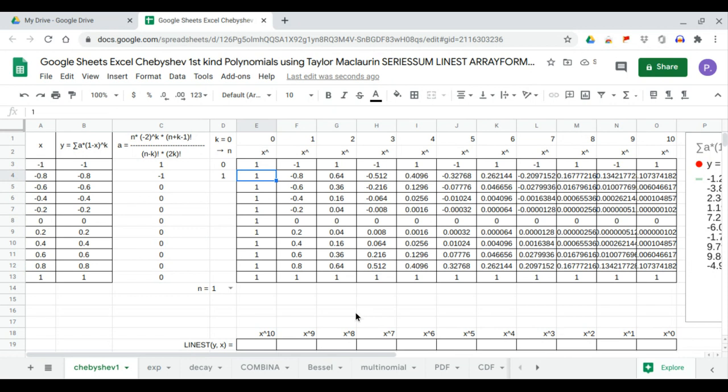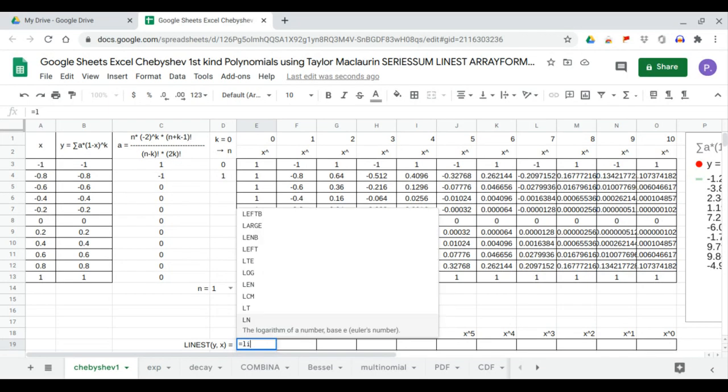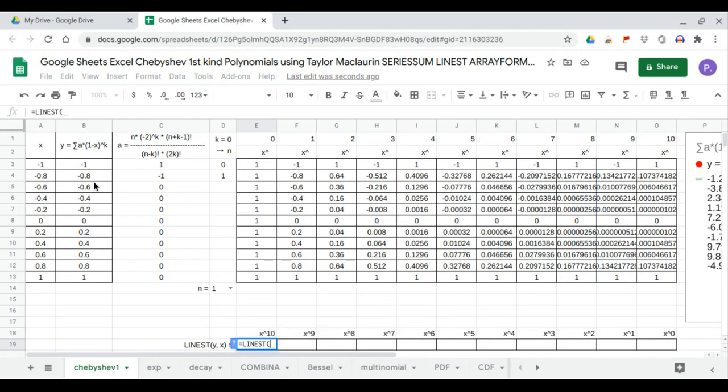Now that we have the 1 comma x matrix, we can calculate Linest. So this is equal to Linest, data y, comma data x. Enter.